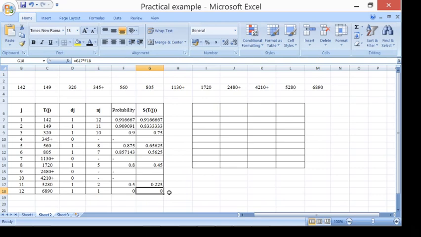So if all 12 components have failed up to the time point 6890, then there are no survival chances beyond time point 6890 because the last component has failed at 6890. So therefore, no component is there in the system beyond that time point. So survival chances beyond that time point must be zero, and that is what is reflected here. We are getting survival chances of the last component as zero.